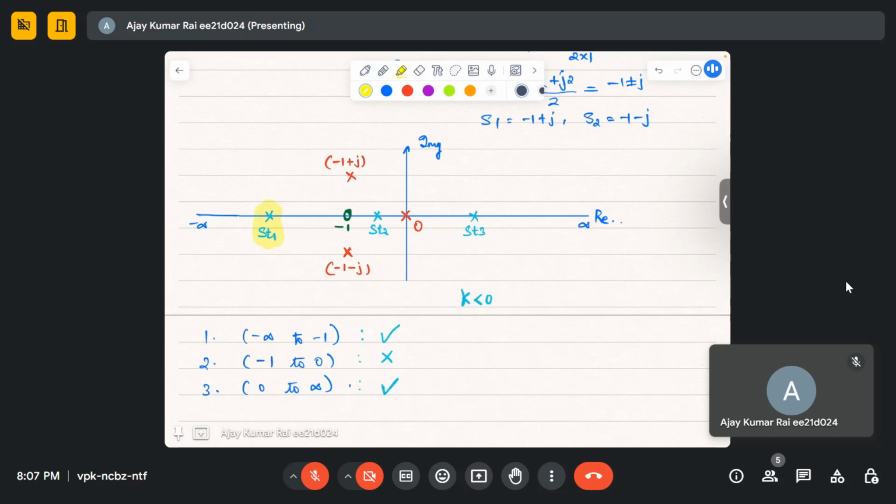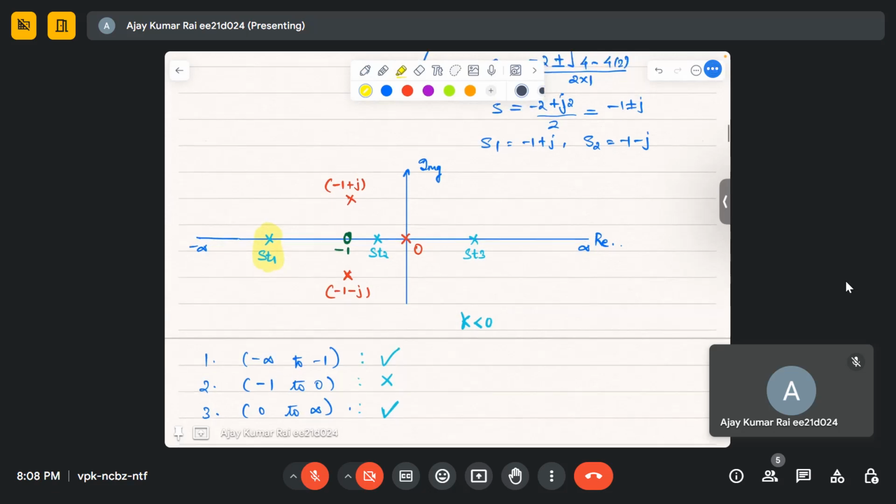To its right there are two open loop poles and zeros, that is, one open loop zero and one open loop pole. So that is an even number, which means the root locus will exist.